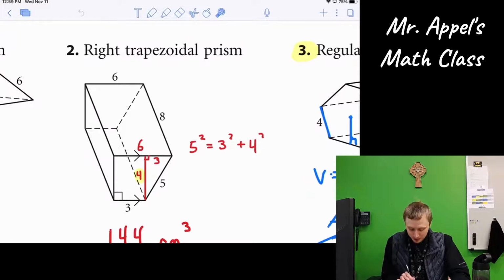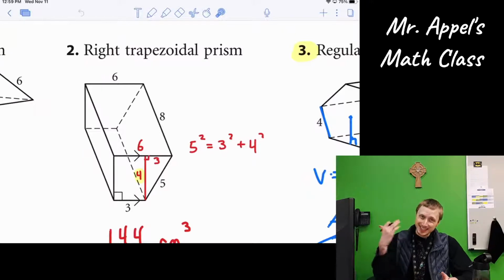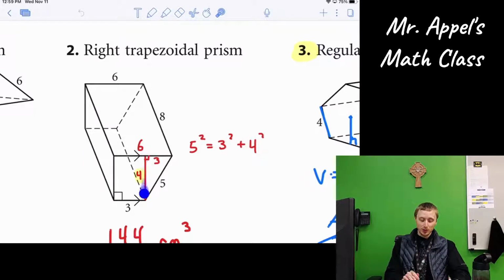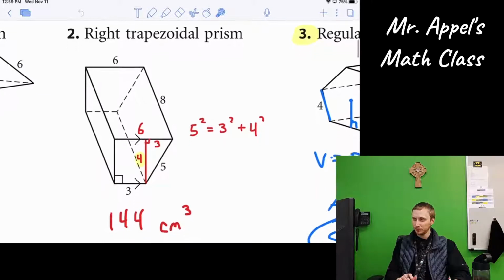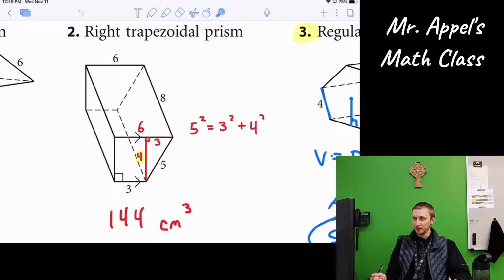Pythagorean theorem gives me that the square of the hypotenuse is equal to the sum of the squares of the other 2 sides. So I can use that to solve for that final side of 4. Now I have the height of my trapezoid. I can find its area and then times 8 to get the volume of the prism. So that one was kind of sneaky. They hid that bit from you.